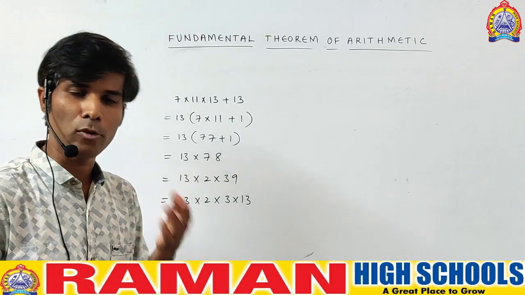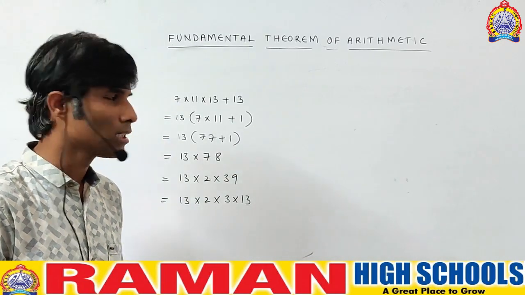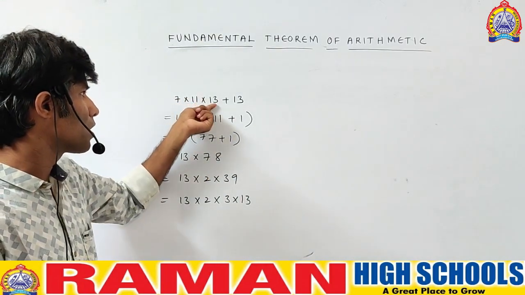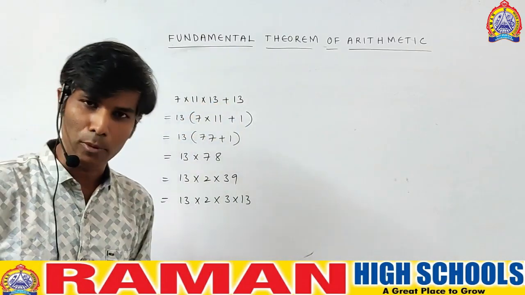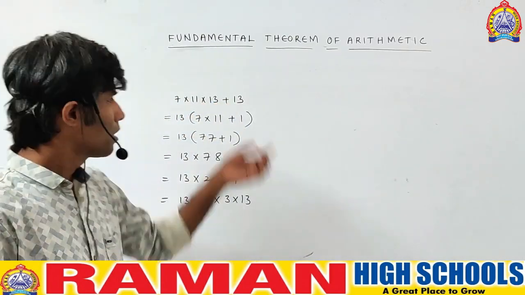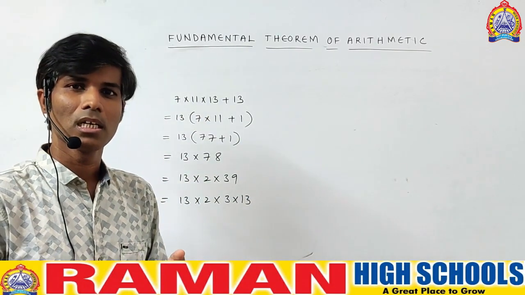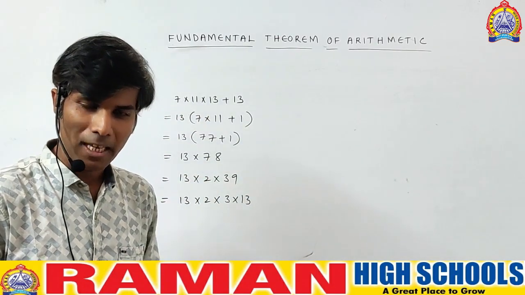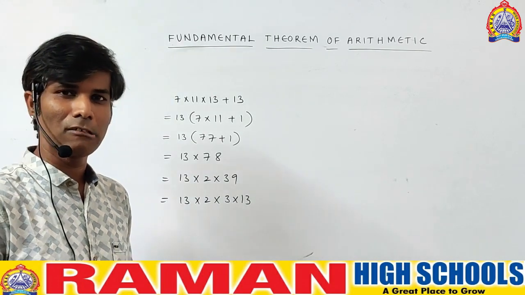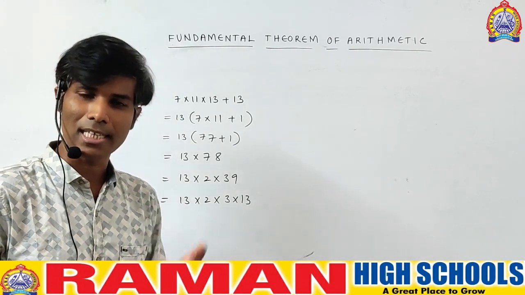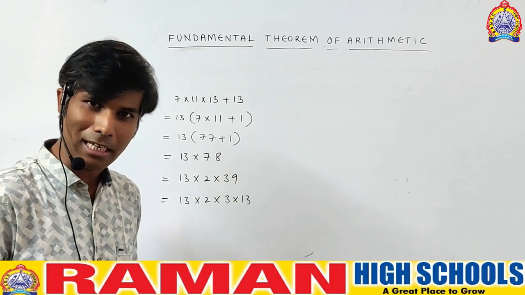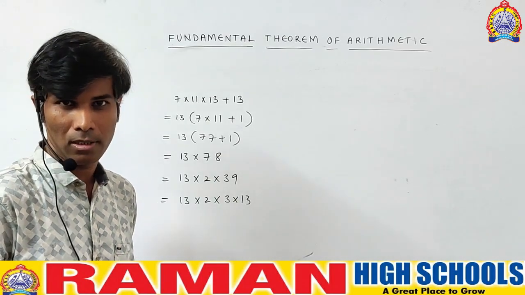Therefore, according to the fundamental theorem of arithmetic, 7 into 11 into 13 plus 13 is a composite number because the given number is written as a product of primes. That's what it is, a composite number. In the fundamental theorem of arithmetic, we learned that a composite number can be written as a product of primes.